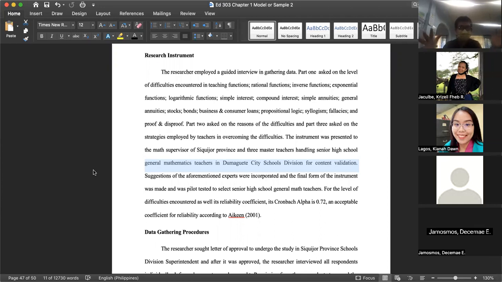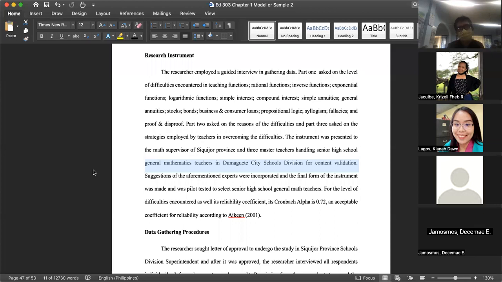But of course, there should be parallelism or similarity of those who will be included in the pilot testing and those who will be included in the final data collection. So the proponent of the proposal considered senior high, grade 11 math teachers. So during the pilot testing, it must be grade 11 also, but in Dumaguete.